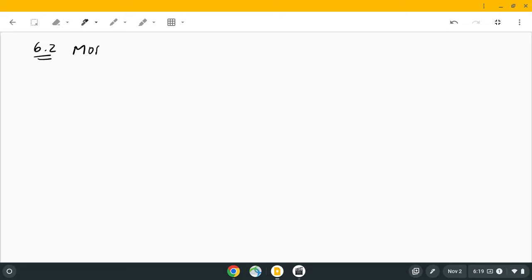All right, so more on trig equations. Okay, so in 6.1, we looked at very basic trig equations and how to solve them using a calculator and using factoring. So here, what we're going to do is look at solving trig equations using identities.